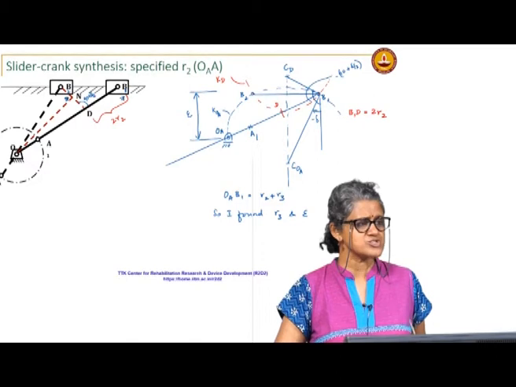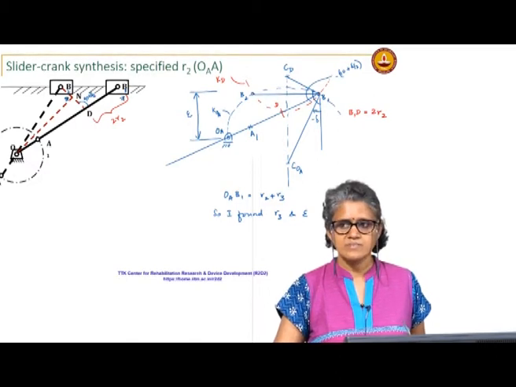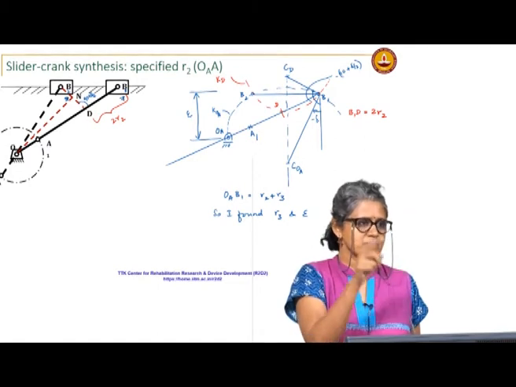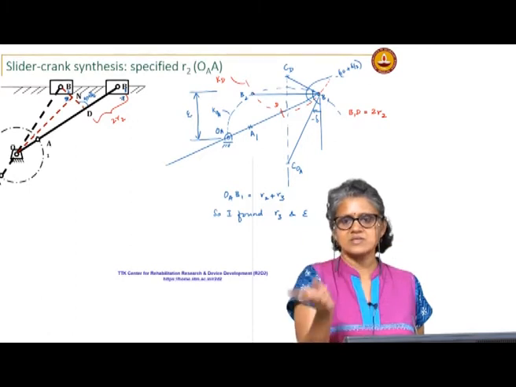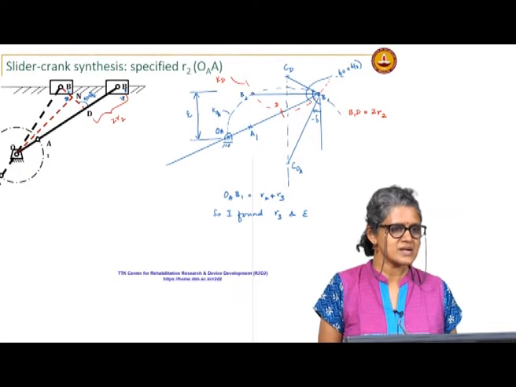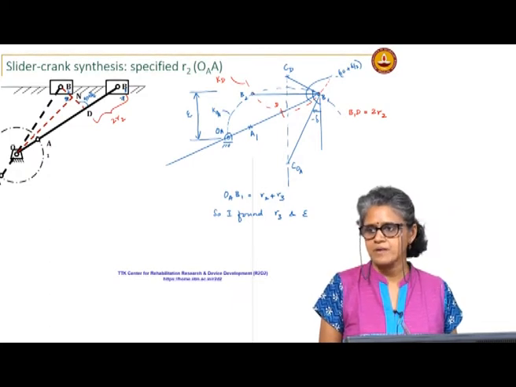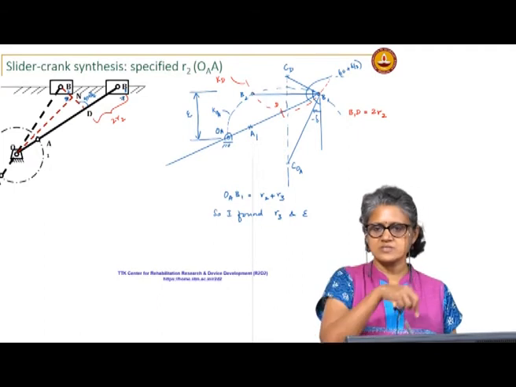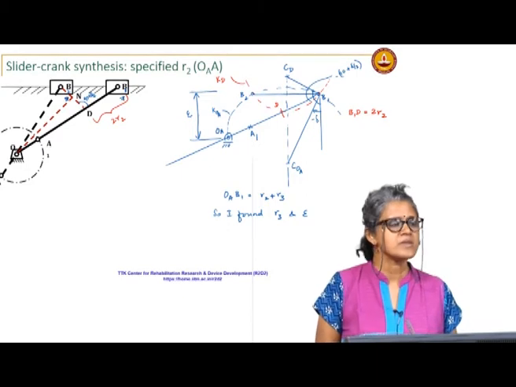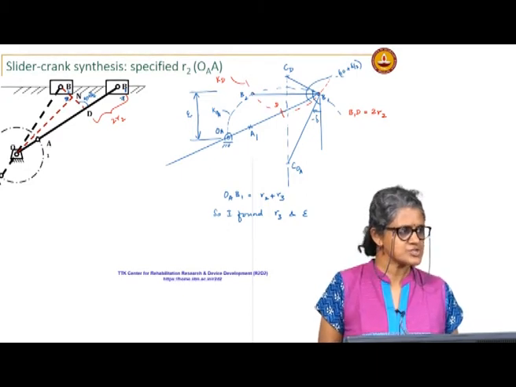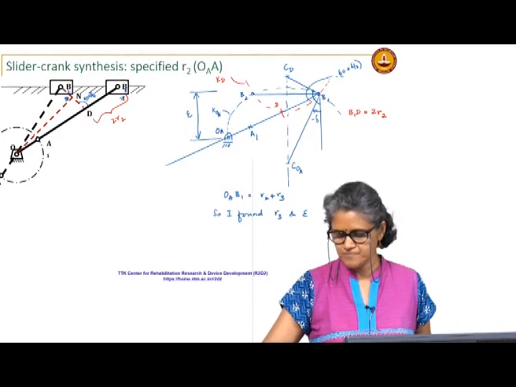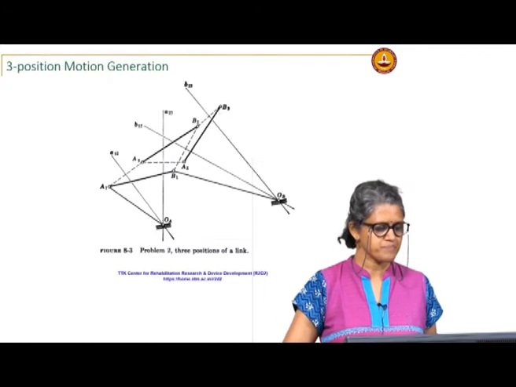Otherwise, you only have how many choices? An infinity of choices, because if you are given the stroke length and the time ratio, OA necessarily has to lie on the circle that passes through the two extreme positions and makes the central angle 2 delta. So, any point on the circumference of the circle segment where it makes delta, you can find the location of OA, but if you specify one more quantity, then your solution becomes unique for that particular problem.